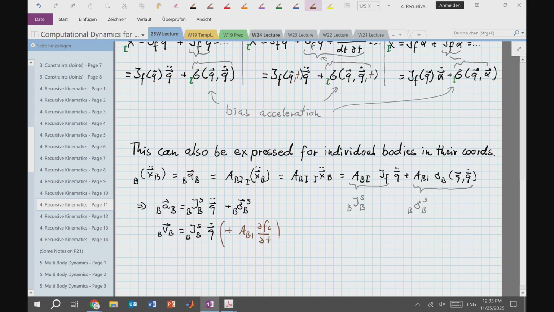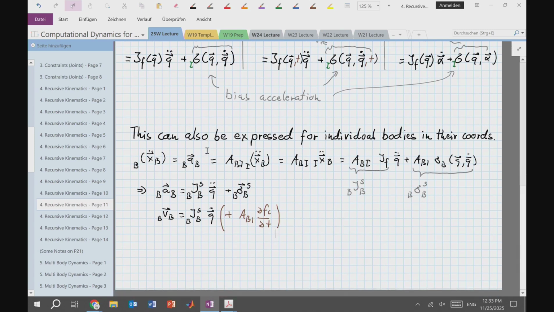So this doesn't always show up. But we have this linearity that will be very important between our generalized coordinates and our Cartesian coordinates. And this directly applies to the representation of this x that we now defined, where we said x is this position vector R_IB in this case, and then here are its derivatives.